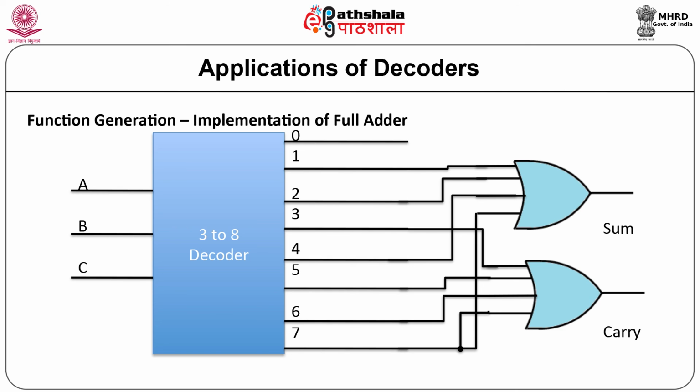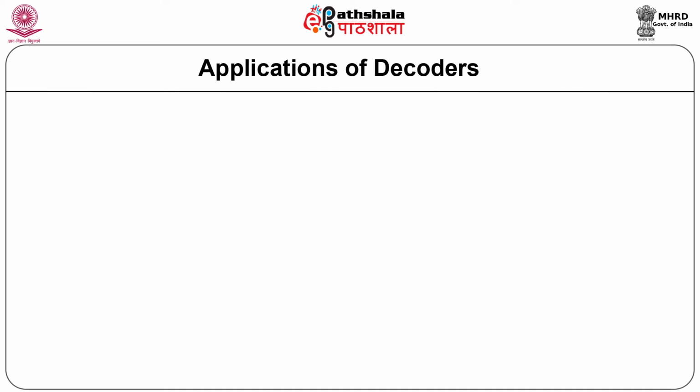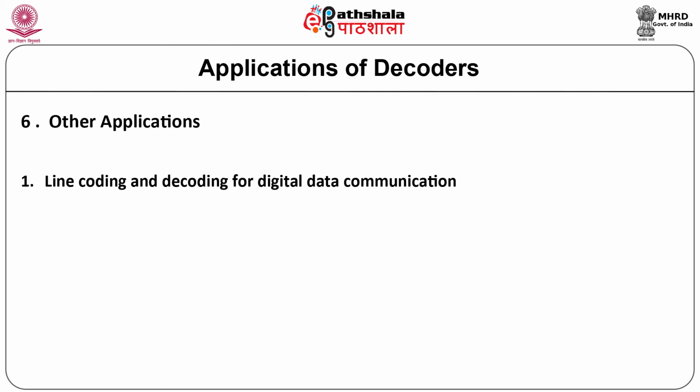We can use the decoder for designing any complex logical function and a combinational circuit with the help of encoders as well as decoders. Let us now consider the other applications of the decoder, which we may not discuss in detail. Decoder can be used in line coding as well as decoding for digital data communication.